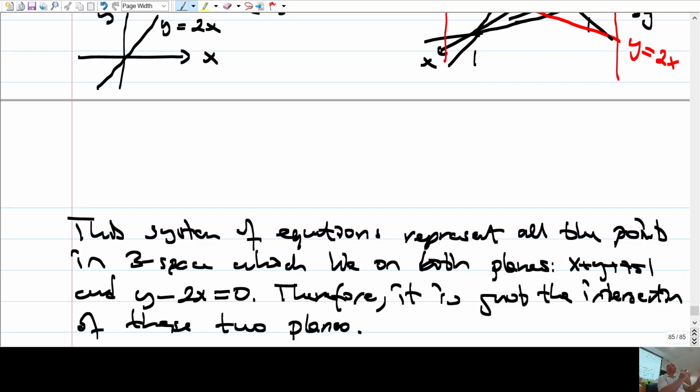Well, the intersection of two planes is what? You take two planes in space, when you intersect them, they can intersect like this, for example. The intersection is a line. So it's a line.